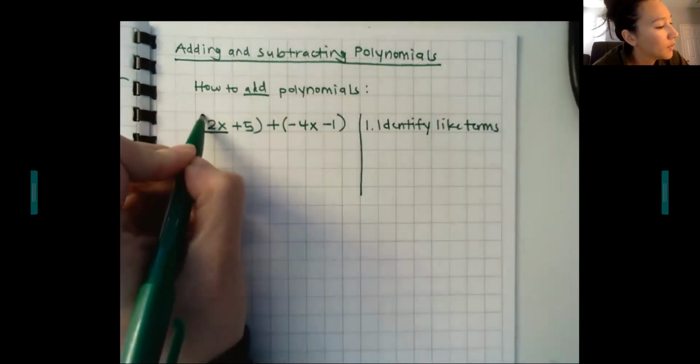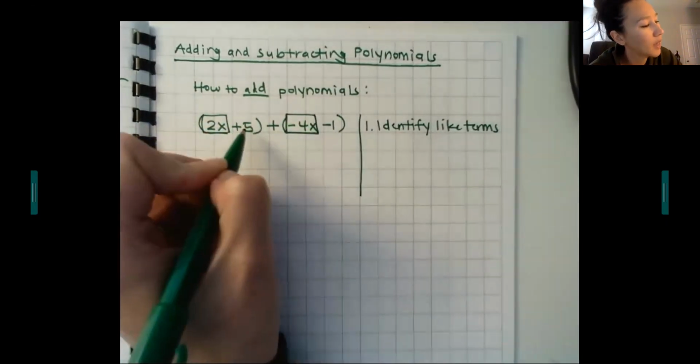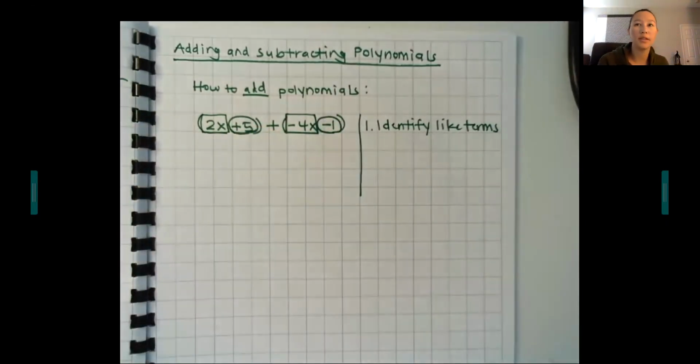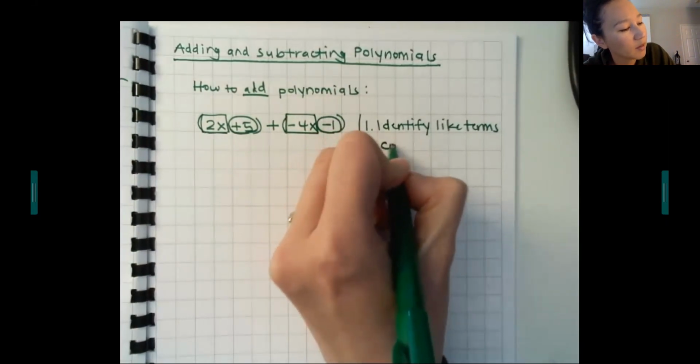So we have 2x and negative 4x are like terms, and then positive 5 and negative 1 are like terms. And then we are just going to combine like terms.